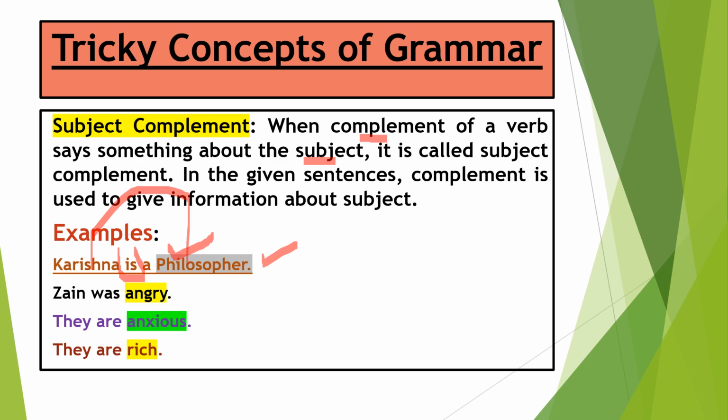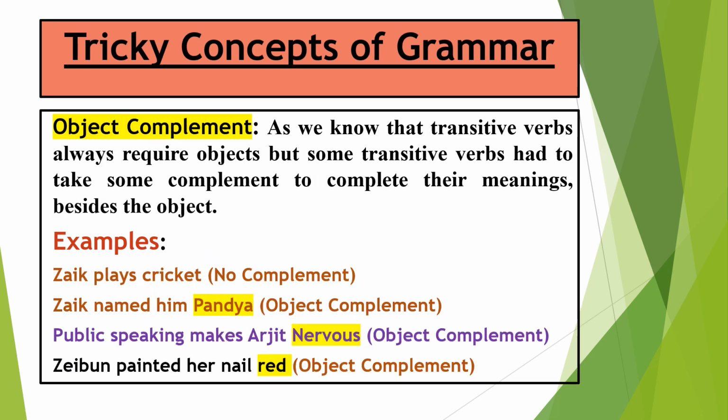Now I'm jumping to object complement so you could better understand it. Object complement: as we know, transitive verbs, first of all let me clarify what is a transitive verb. I have already made videos on different types of verbs, you can watch them on my channel. A transitive verb is a verb that needs a direct object in order to perform its action, or in order to transfer its action completely.